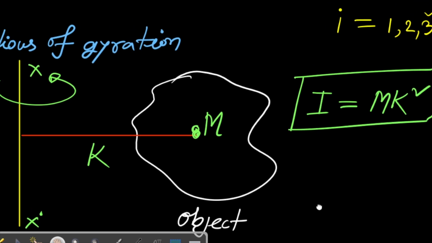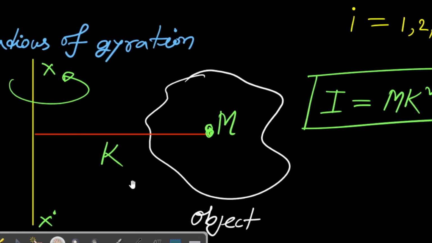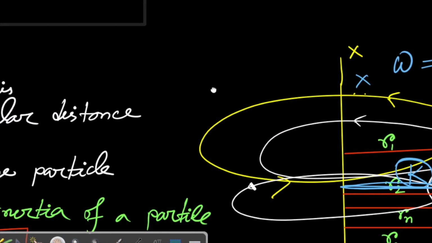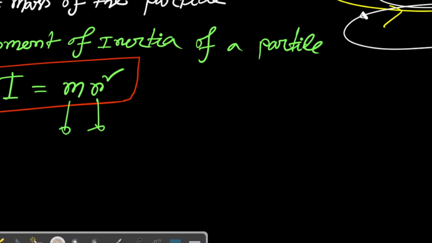Because we know moment of inertia depends on two things: the point mass and the square of the perpendicular distance between the mass and the axis of the object. If the perpendicular distance between the rotational axis and the point mass is increased, then the moment of inertia will be increased. If r decreases, then the moment of inertia will decrease. But the mass is constant here.